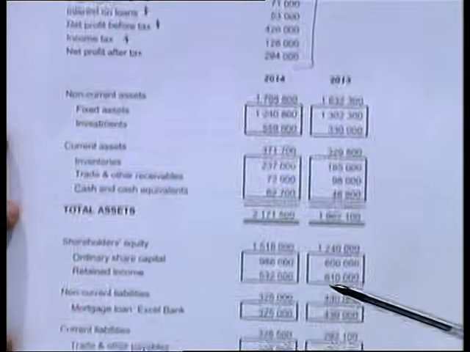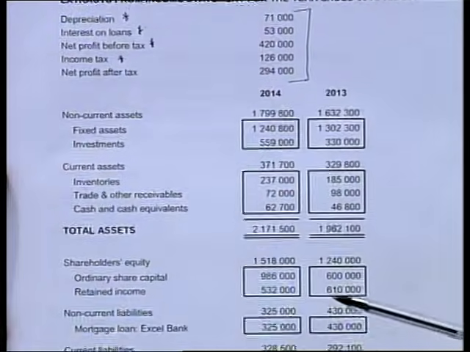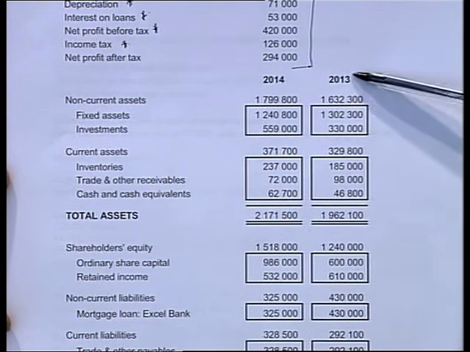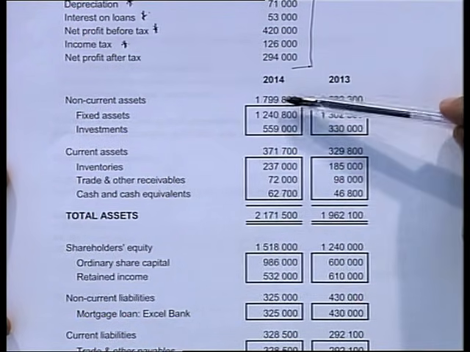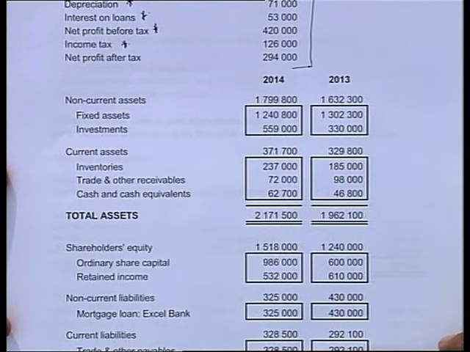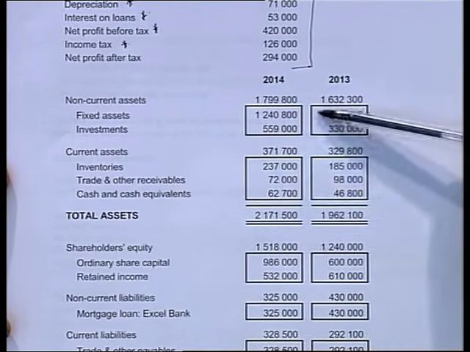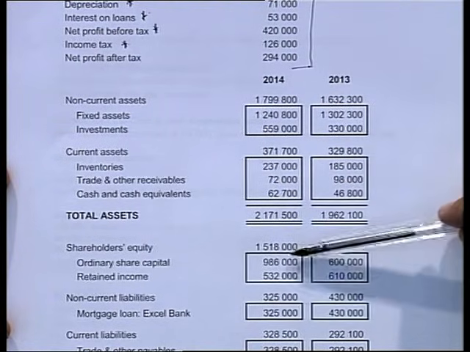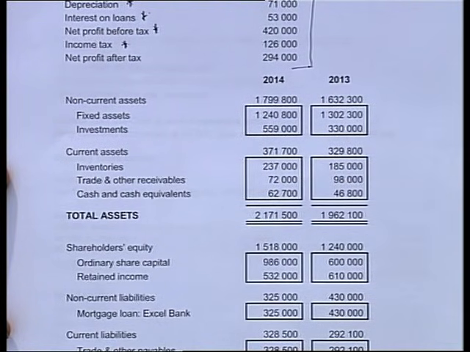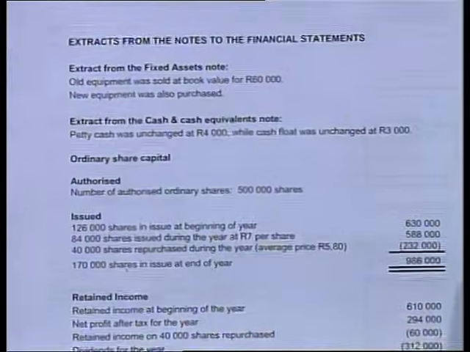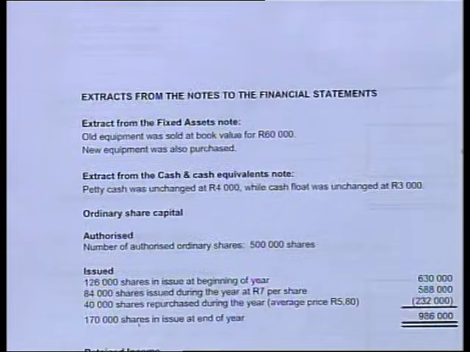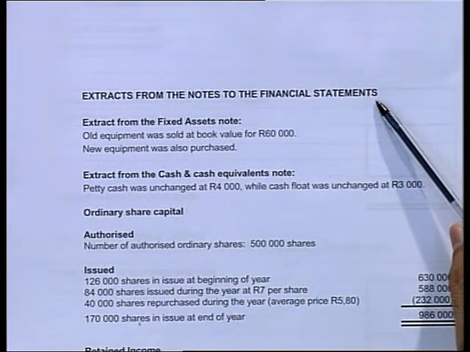Then also, they're giving you balance sheet information for 2 years. Last year was 2013, and the current year is 2014. So it's very important, learners, that you must know where to find the information that you're going to need to draw up the cash flow statement. And then always, you must check to see if they give you any additional information, like in this case, they give us notes to the financial statements.